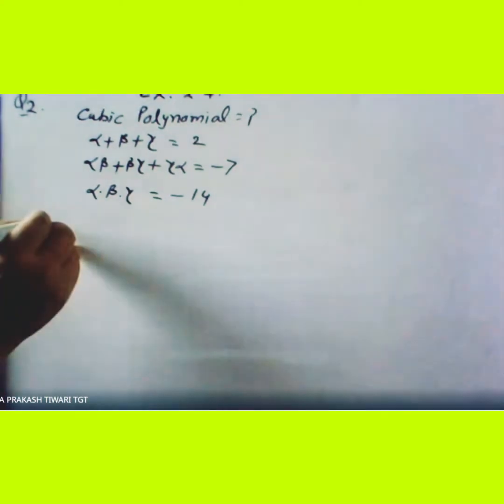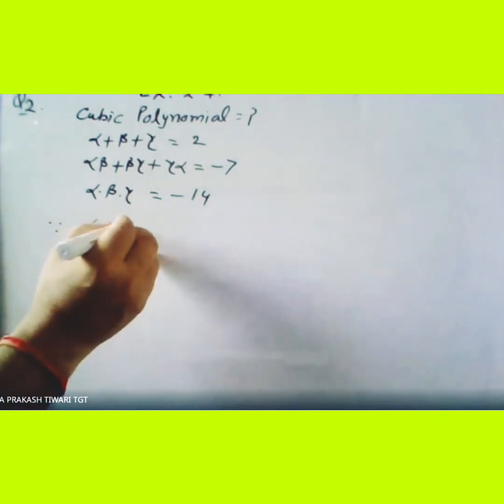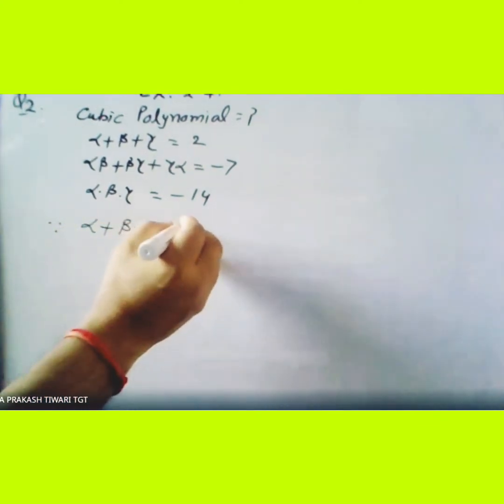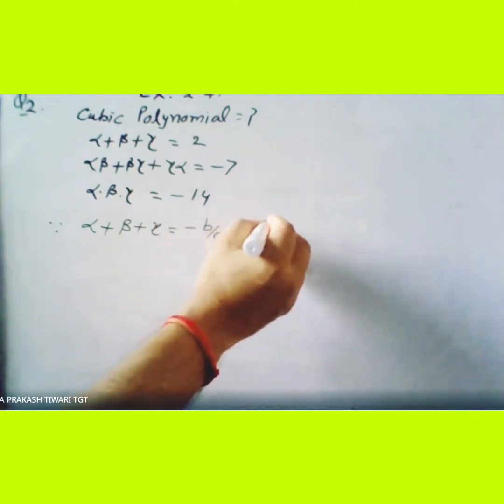Here we can find this cubic polynomial as, dear, you know that since alpha plus beta plus gamma equal to minus b upon a equal to given that 2. ओके, कीप इन माइंड, अच्छे से समझना कि किस तरह से हम इसे कर रहे हैं.